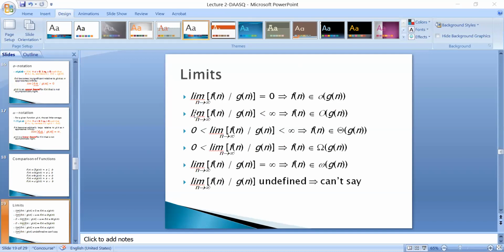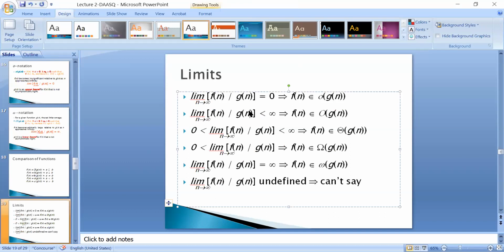Okay, so if you look at this second definition here, if the limit as n tends to infinity of fn divided by gn is less than infinity, then it is big O of n. And if it is 0, then it is small o of n.